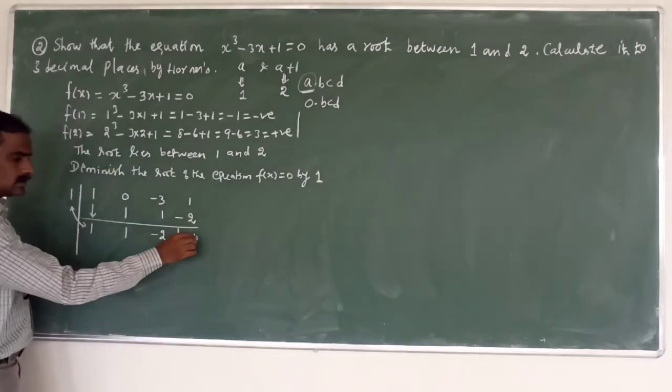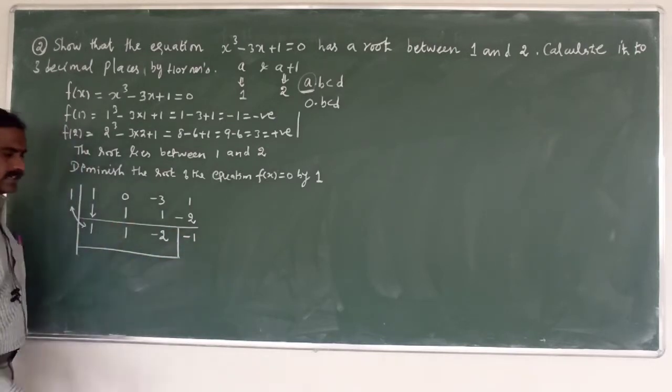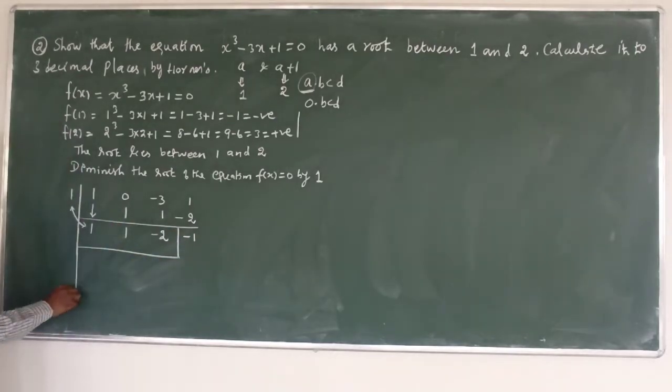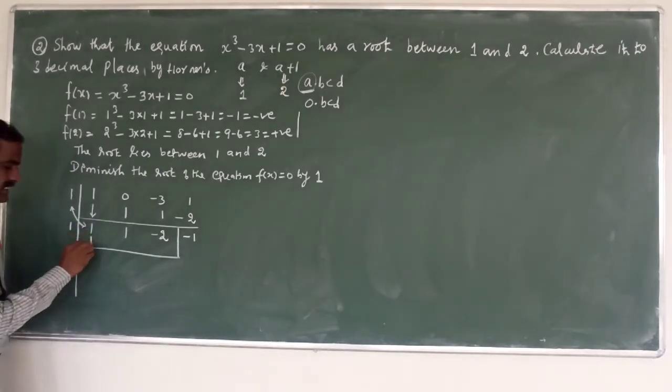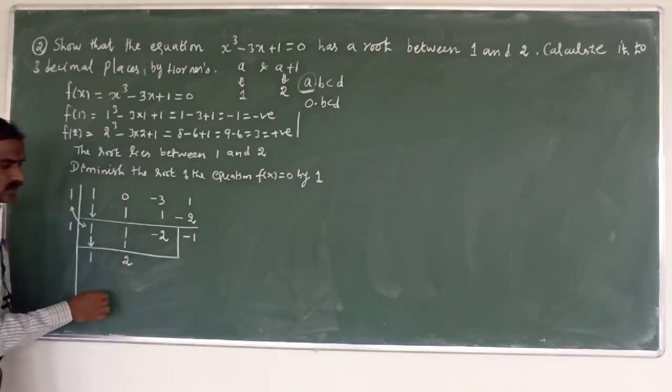Okay. Now to diminish by 1 again, we use the constant coefficient value. Again 1, we write the 1 as it is. We multiply the 1 with 1. Now the result is 1. We add these two, result 2.